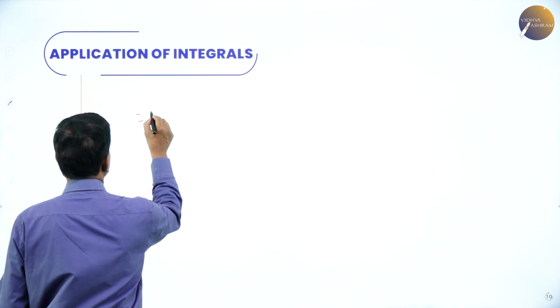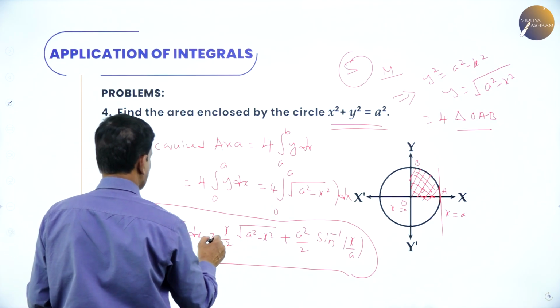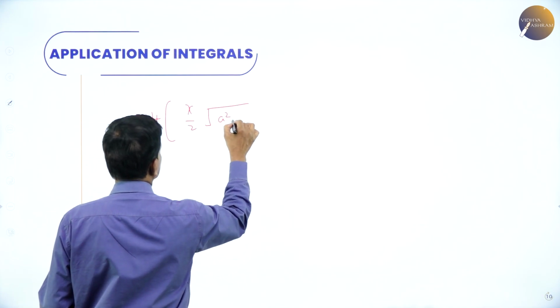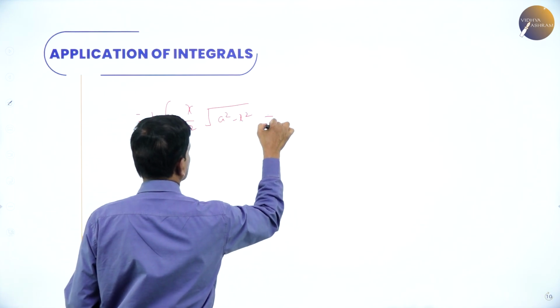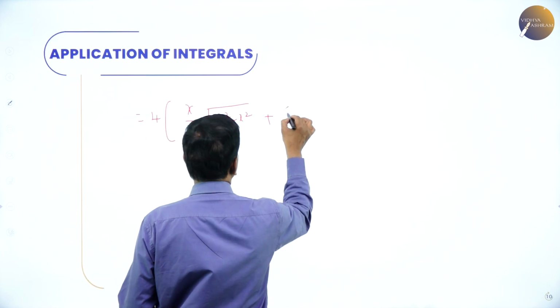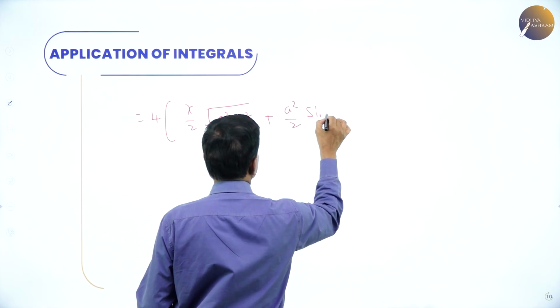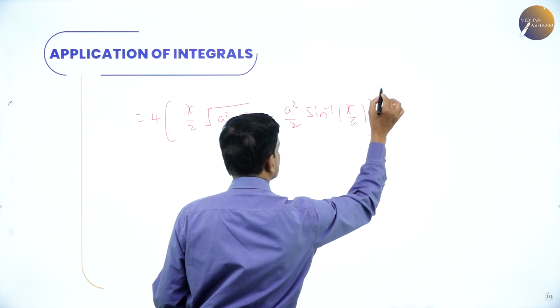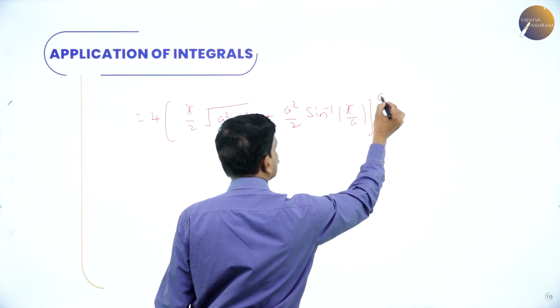So, this is equal to 4 times x by 2 into root of a square minus x square plus a square by 2 into sine inverse of x by a between the limits 0 to a.